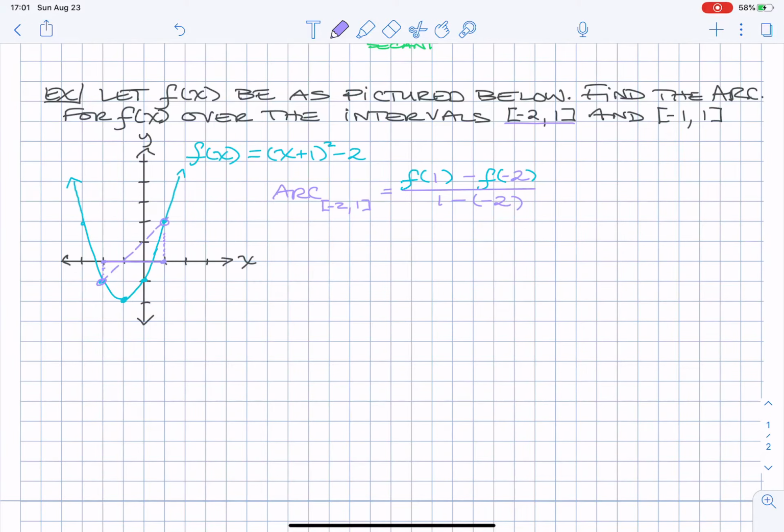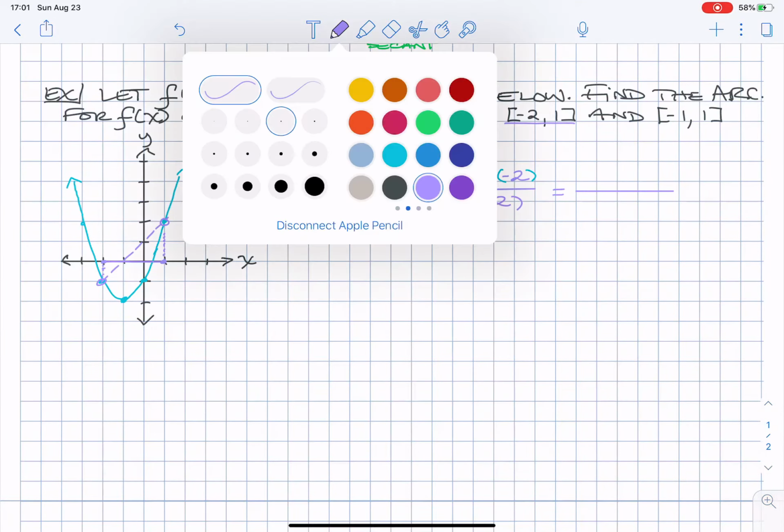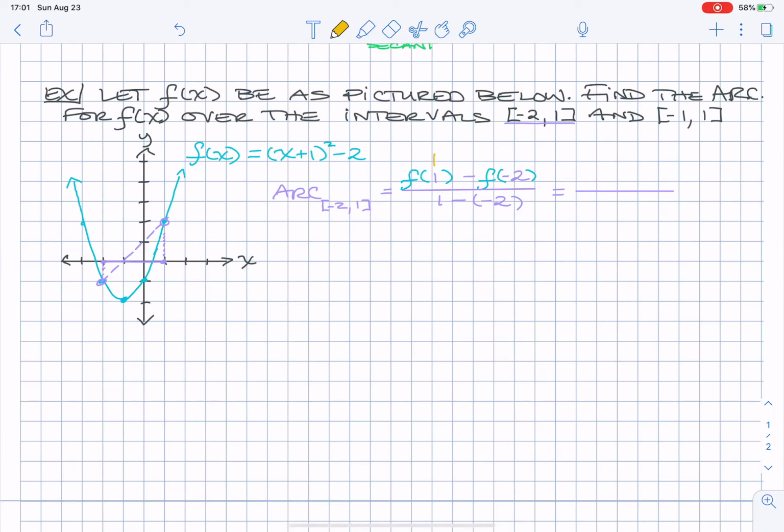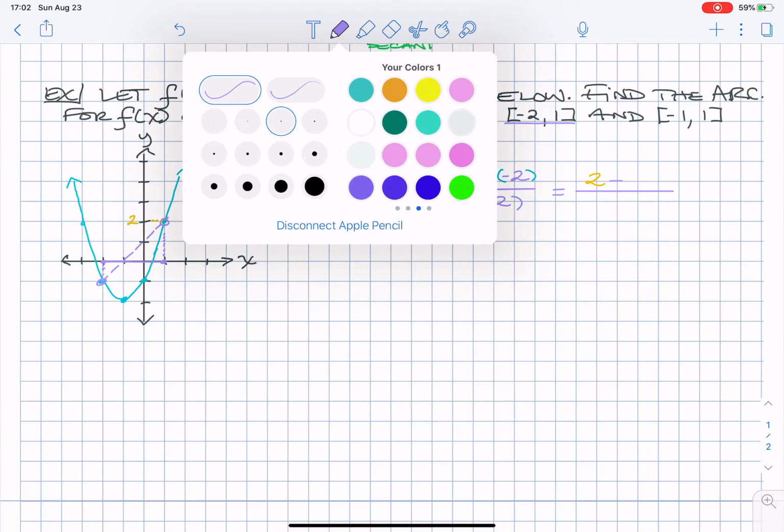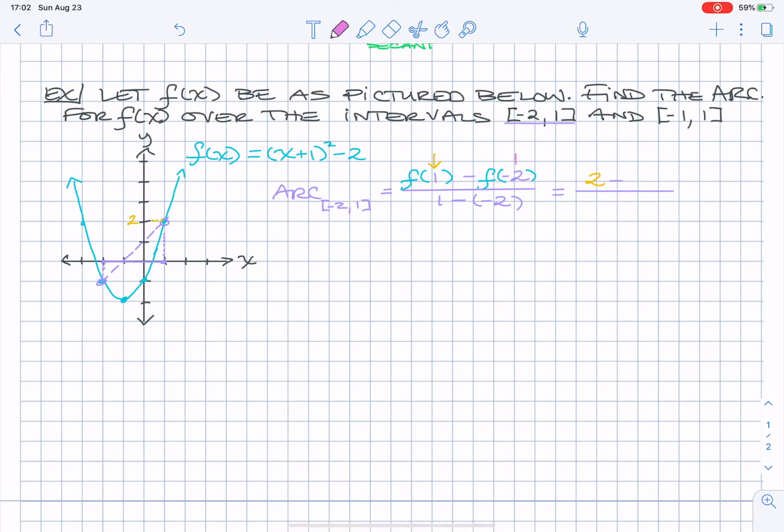Okay, so let's see what we have here. What is the value of the function at 1? It looks like the y value is 2, from which I'm subtracting the value of the function at -2.